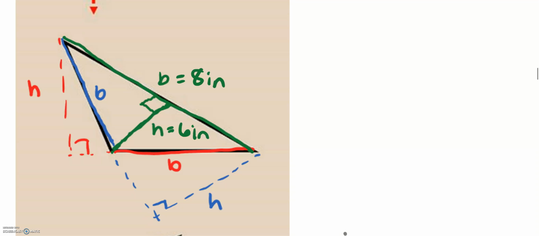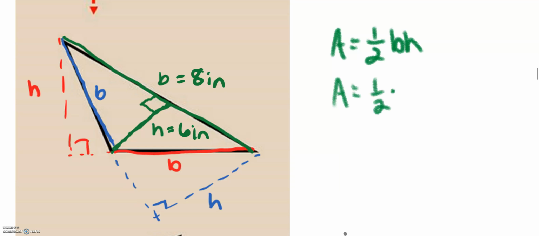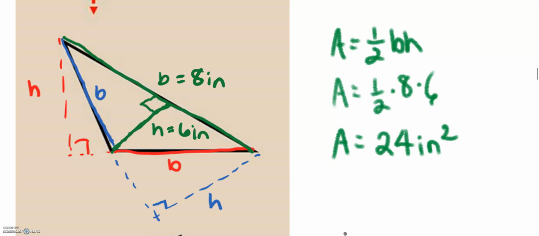Well, our formula was area is half of a parallelogram, so 1/2 base times height. And our base in this example is 8 inches, and our height is 6 inches. So 1/2 of 8 is 4. 4 times 6 is 24. So the area is 24 inches squared.